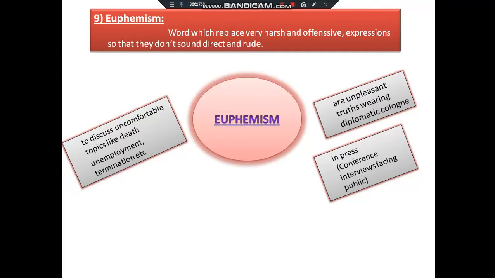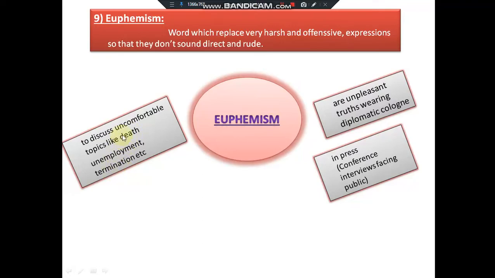And the purpose is so that the other person may not get hurt, may not feel ashamed, or may not take those expressions to heart. So this is the purpose of euphemism, and it is used basically to discuss uncomfortable topics like death, unemployment, and termination.